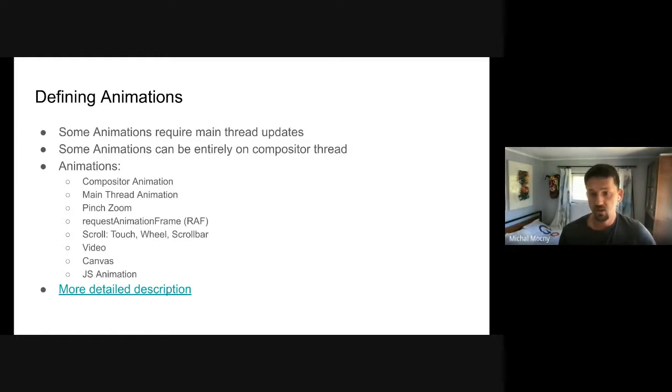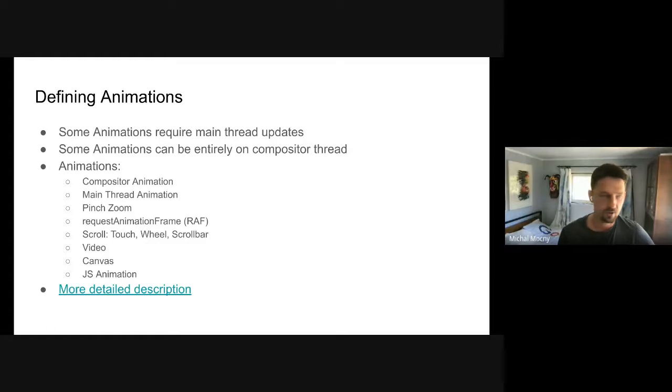RAF-driven animations are more conditional. The mere act of creating a request animation frame callback is not really sufficient to prove that there's a running animation. It depends on what happens within that callback. And at least in Chromium, we're trying to detect sequences of direct style updates on animatable properties of elements.